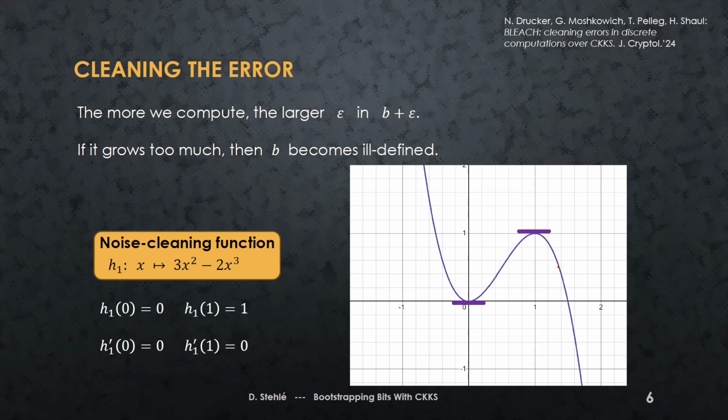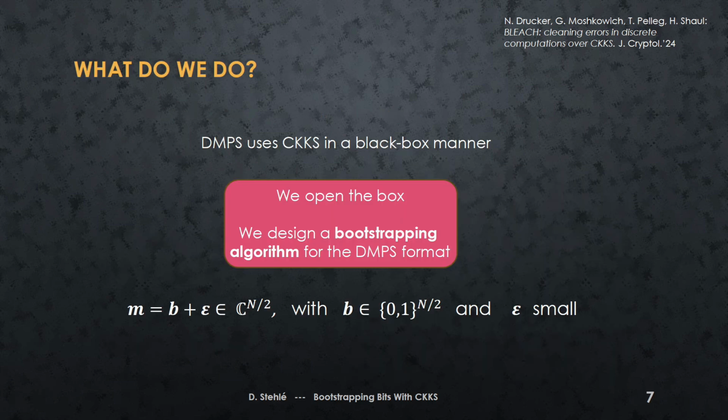So that means that 0 is not just mapped to 0, but 0 plus epsilon is actually mapped to 0 plus epsilon squared. And 1 plus epsilon is actually mapped to 1 plus epsilon squared. So the epsilon is being squared, so the noise is cleaned. Okay? And once you have cleaned the noise, you can keep computing.